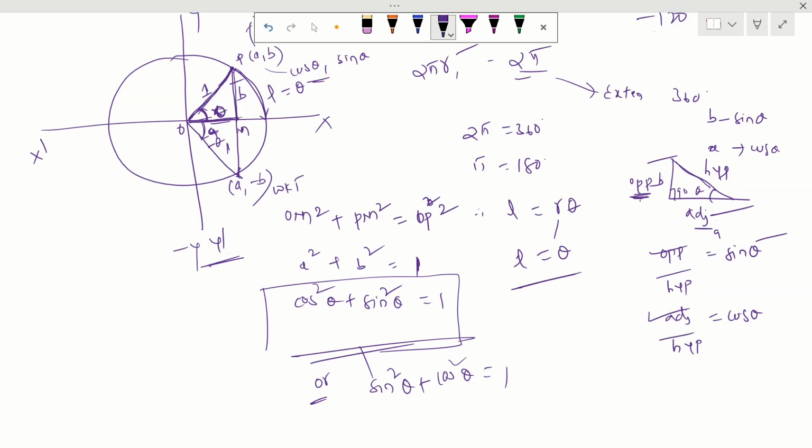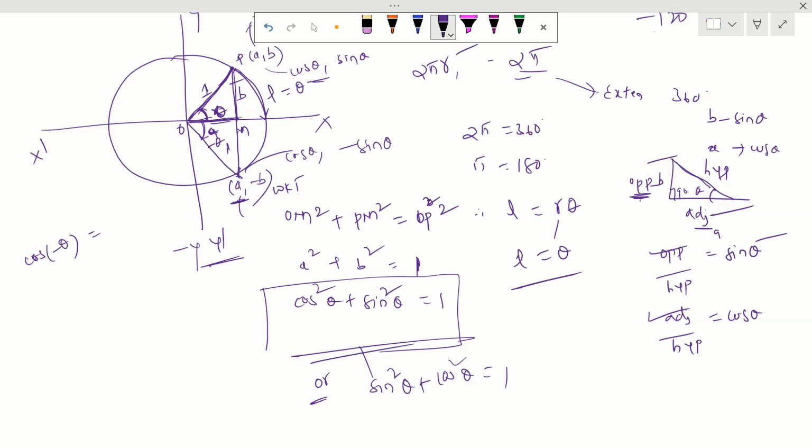Understood. Therefore we can write cos of minus theta. Cos of minus theta we got as cos theta, and minus b is minus sine theta.